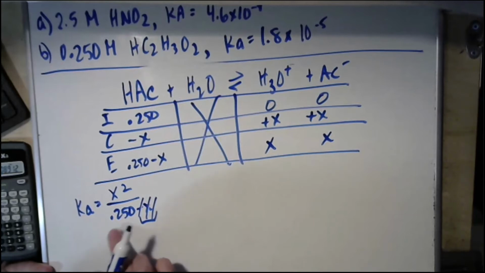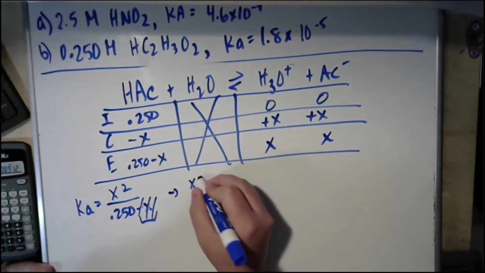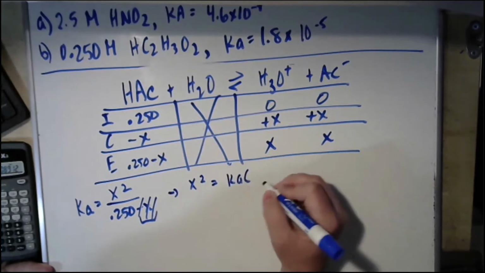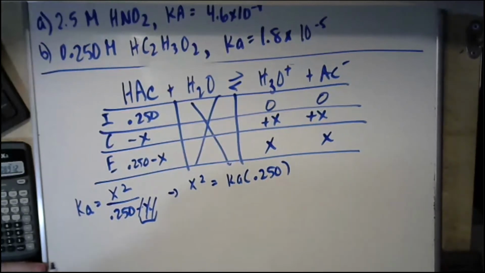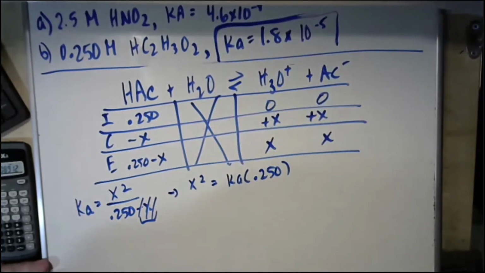We're going to rearrange this and solve it for x. So x squared is going to be equal to Ka times 0.250. And my Ka value for acetic acid is this one up here, the 1.8 times 10 to the negative 5.